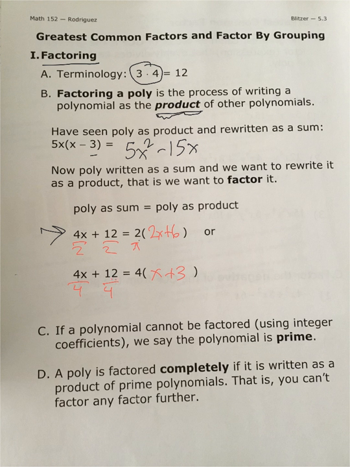All right. So if a polynomial cannot be factored, because not every polynomial is factorable, then we say it's what? Prime. Good. So if it cannot be factored, then you just write the word prime. You have to be careful because you're going to have a factoring test. And it never fails.